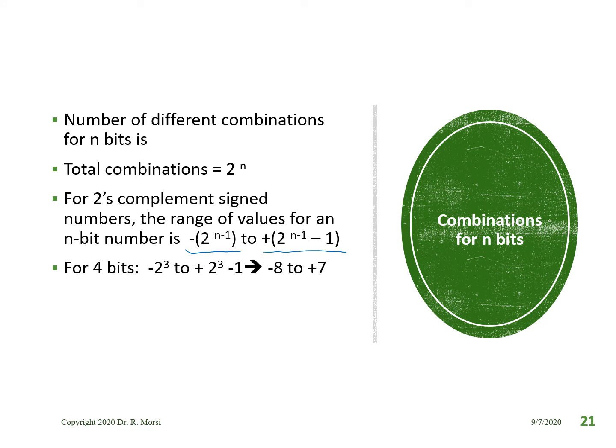If I look at 4 bits, just to see a simple example, that gives me -2 cubed to +2 cubed minus 1, which is -8 to +7. And if we consider 0 to be a positive number, it's really even on both sides.